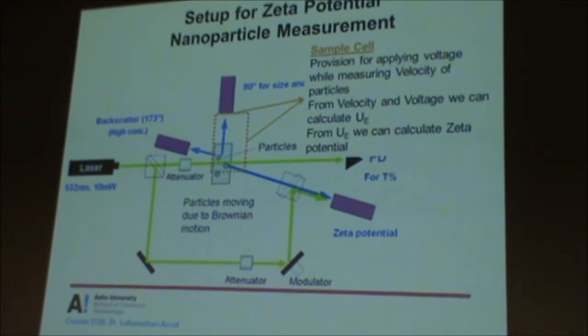The particles either accelerate towards the anode or the cathode depending on their charge. So, depending on the Doppler shift which occurs, which you calculate using the scattering, you can calculate the velocity, and the velocity can be used to calculate the electrophoretic mobility, which can be used to calculate the zeta potential.